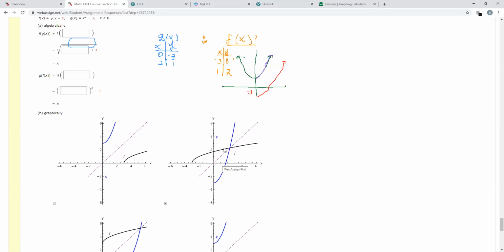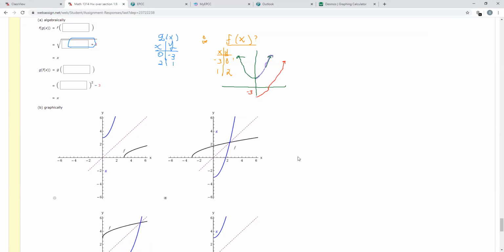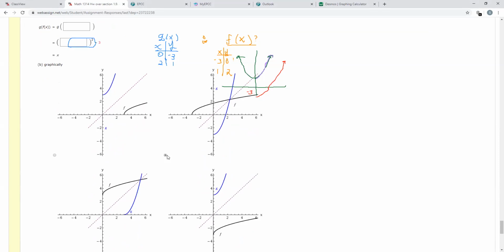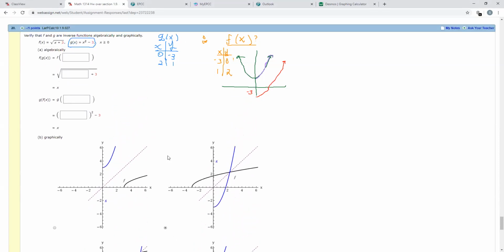Inverted becomes 1, 2. And 0, -3 inverted becomes -3, 0. And it's also that reflection we talked about in part 1. So this looks very reasonable. So we will pick this one and hope that made sense.